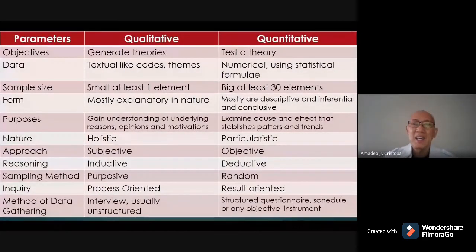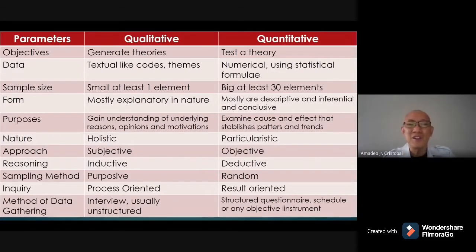Here you will see on your screen the two major research designs. We have qualitative research design and quantitative research design. To understand the two research designs, I have the parameters to differentiate them and look into their similarities. In the first column are the parameters, meaning the basis or criteria to see the differences between a qualitative and a quantitative design.